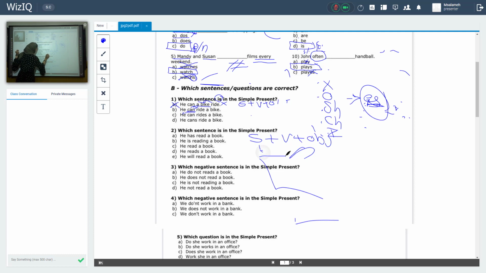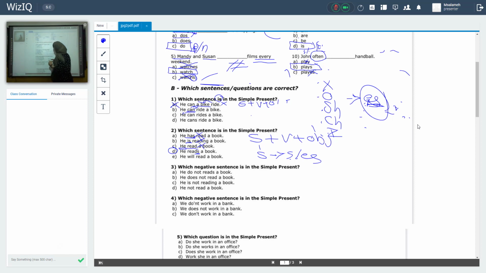And if the subject is singular, I will add s or es. So has is wrong. Is is wrong. He, singular subject, so I will add s or es. The verb read without s is wrong. He reads, here we have s, so it's the right answer.